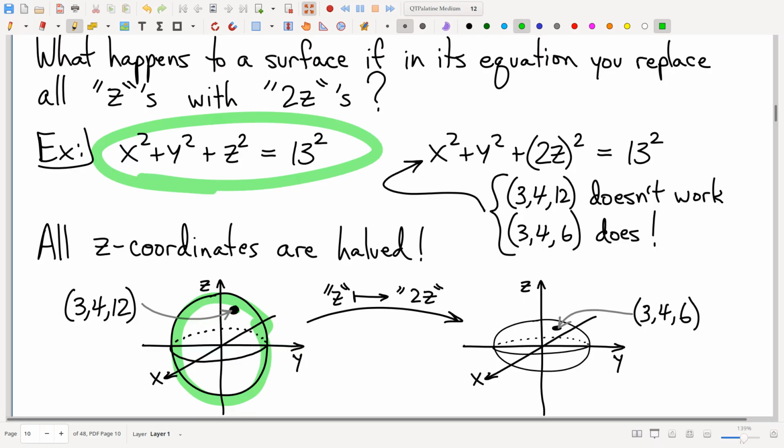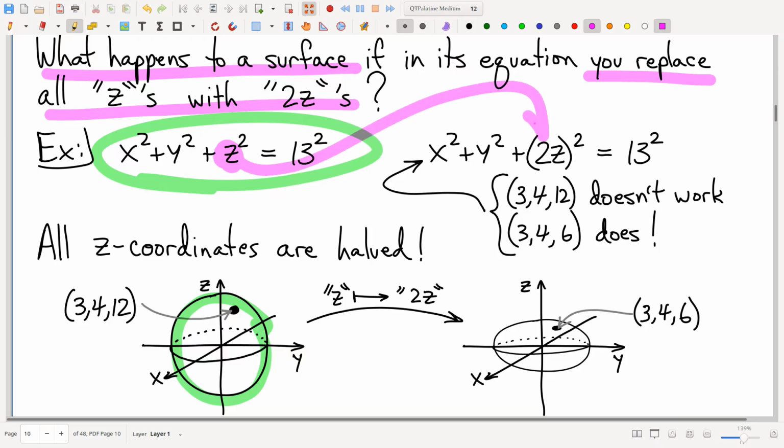Okay, so the big question then, what happens geometrically to the surface if algebraically everywhere I see a z, I replace that with 2z? So you'll notice that's what I did here. This z, everywhere I saw a z, I replaced that with 2z.